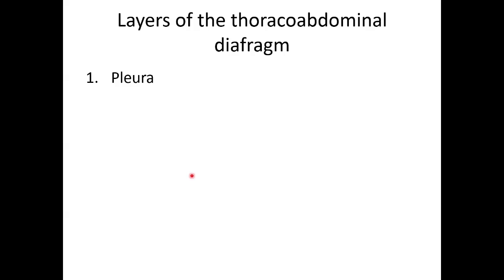We shall say that the diaphragm itself is a septum between the thorax and abdominal cavity. And that's why, when we are listing it from above, the first, most superior layer is the serous sheet which covers the thoracic cavity from inside, the pleura.